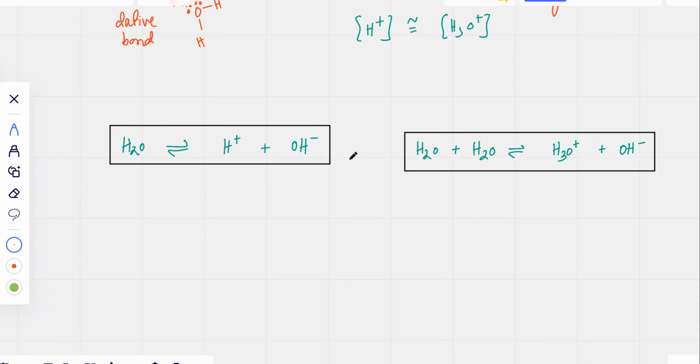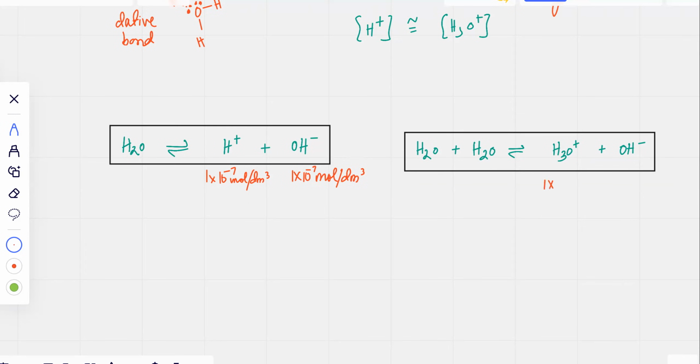The concentration of H plus 1 and OH minus 1 ions at equilibrium under standard conditions is extremely low. This shows that water doesn't really ionize a lot. It's 1 times 10 power minus 7 mole per dm cube.